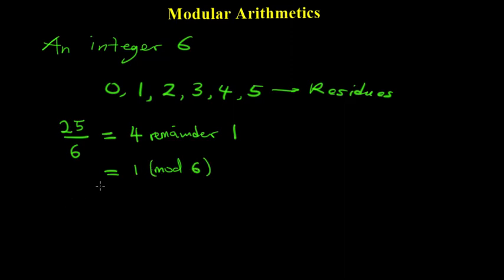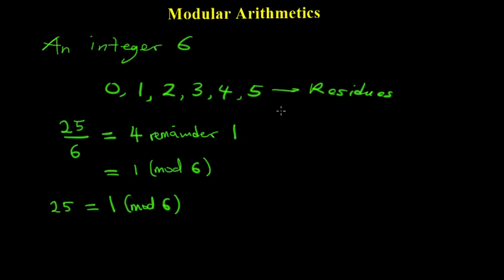It means the simplest form of 25 in modulo 6 is equal to 1. That is, 25 is equal to 1 modulo 6. That's the simplest form of 25 in modulo 6.